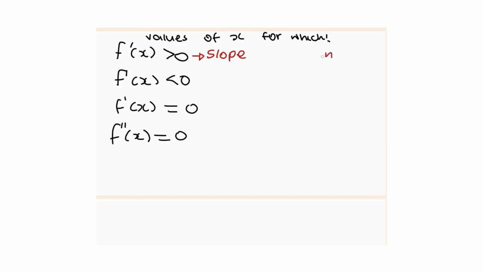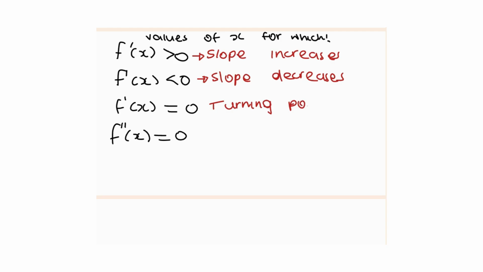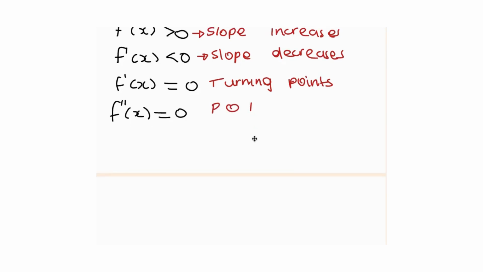And then f prime x less than 0 means where can you draw a line on the cubic graph, and that slope decreases. And then f prime x equal to 0 gives the values of x where we have the turning points. So we know f prime x is 0 at the turning points, and lastly f double prime x, we are talking about the point of inflection.